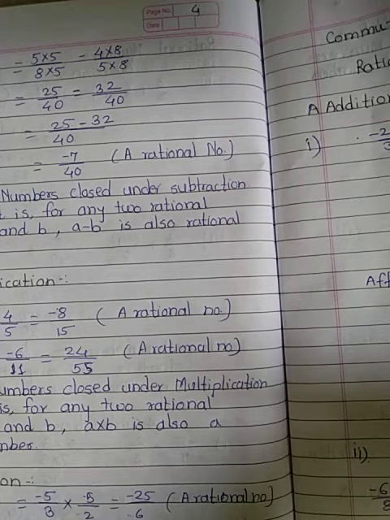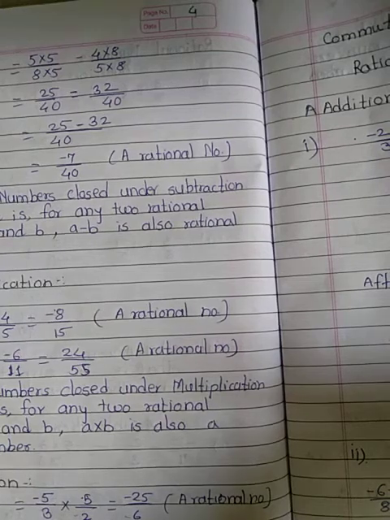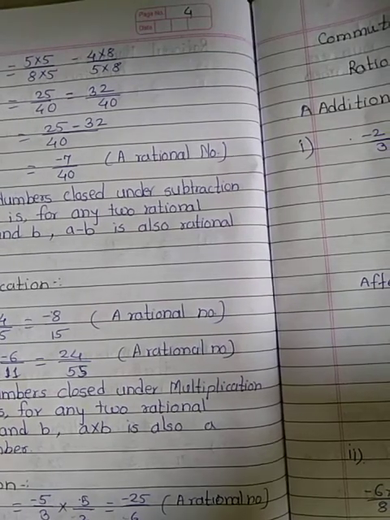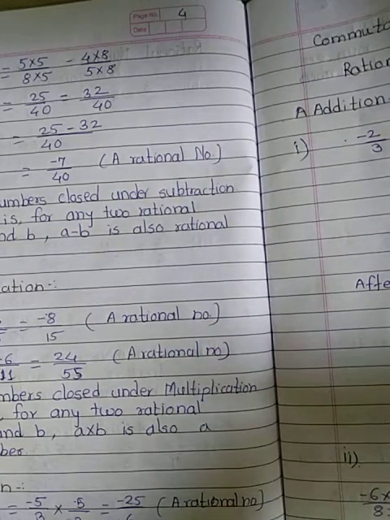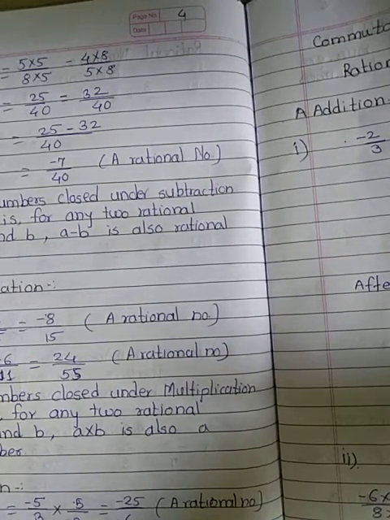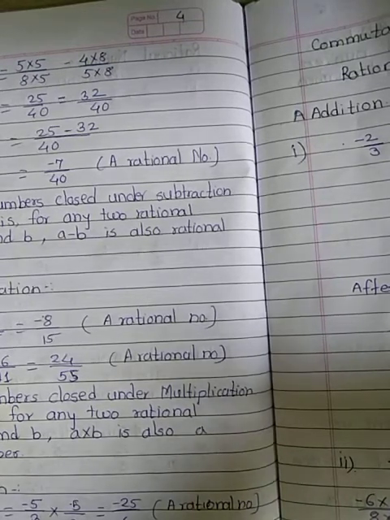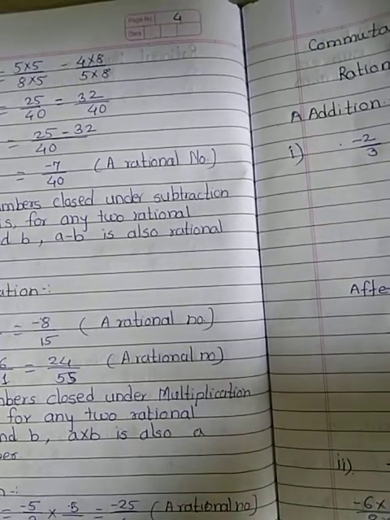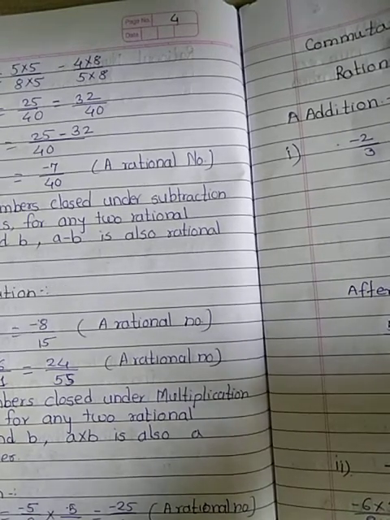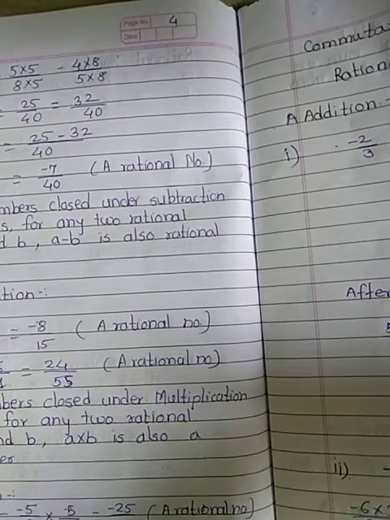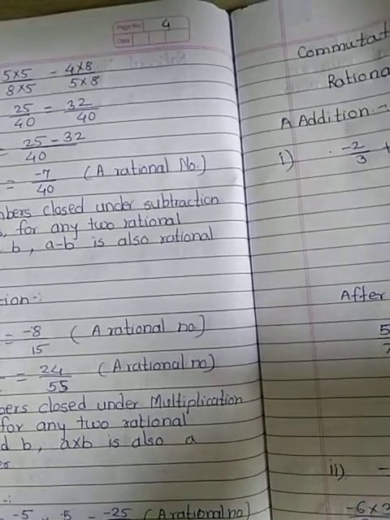Means whenever we are adding, subtracting or multiplying two rational numbers, the answer will be a rational number itself, and rational numbers are not closed under division, because whenever we divide any rational number by 0, the answer is undefined. So rational numbers are not closed under division, but they are closed under addition, subtraction and multiplication. Okay, this is the first session.